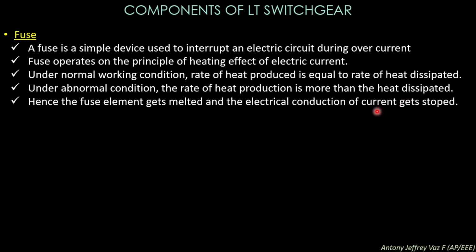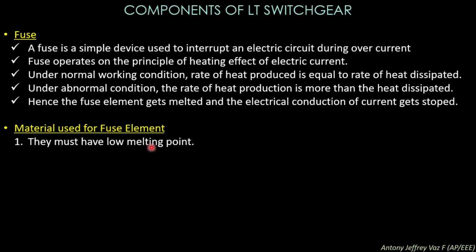When this happens, the current entering into the device will stop. So the fuse will act as an overcurrent element, and it will stop the entering of higher current into a device.